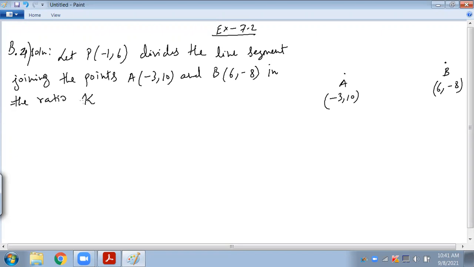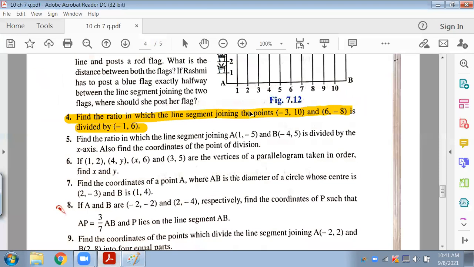When you're asked to find the ratio, don't take it as m is to n, take it as k is to 1. Let's see the question once again. The line joining the two points A and B is divided by the third point P, and you have to find the ratio, so we take it as k is to 1.